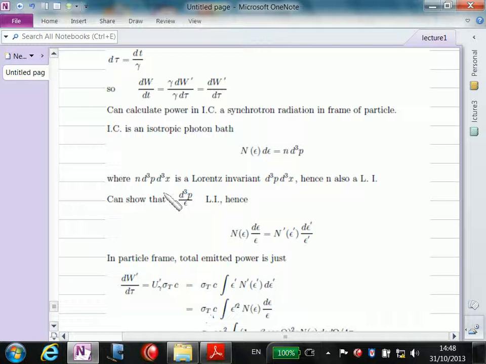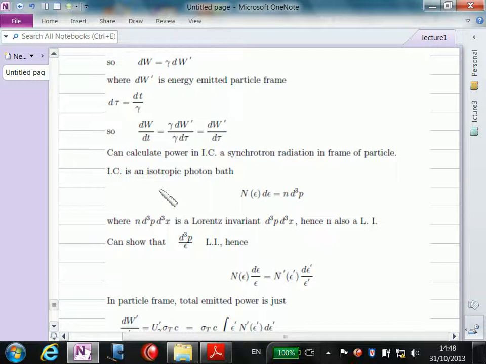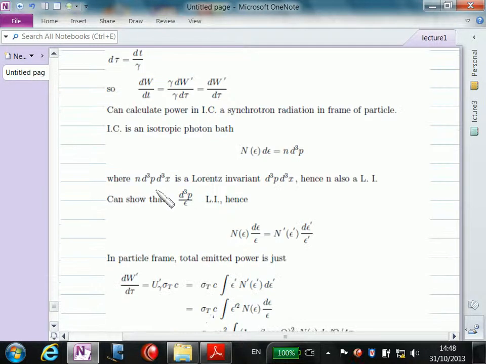Now, I don't know why I had to go through all this, but if n is the phase space density, then the number of particles per unit phase space is obviously also a Lorentz invariant.